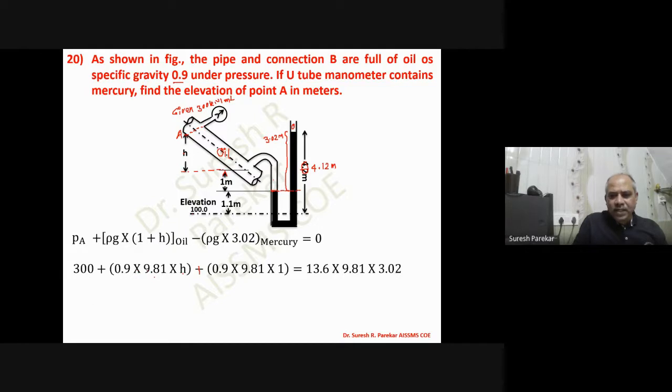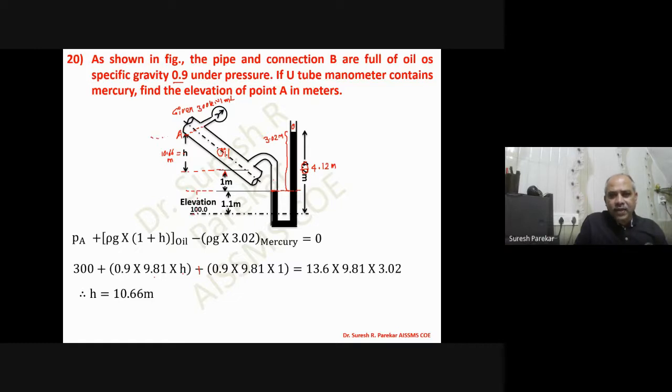When we solve this, we get H equal to 10.66 meters. But we are interested in the elevation, so we have to add this 1 meter, then this 1.1 meter, and then 100.